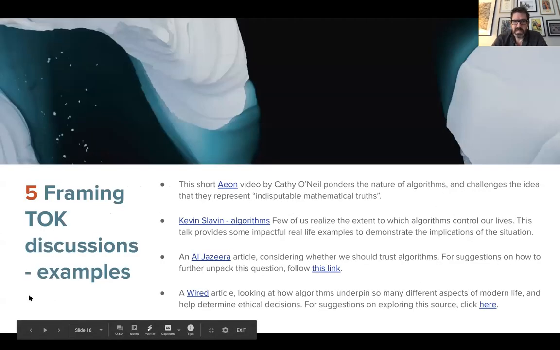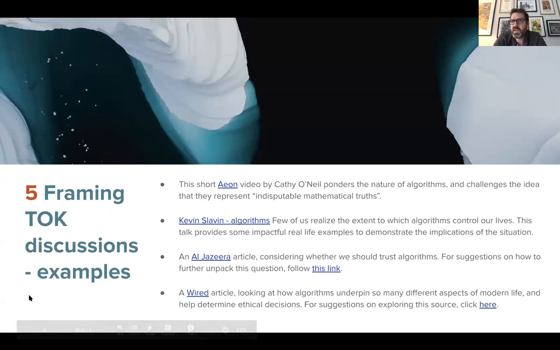So what does that mean? Let's try and put that into context. I think one of the most valuable and important aspects of mathematics that affect us, both in TOK and in society in general, are mathematical algorithms. And within mathematics, you might discuss, what are algorithms, how are algorithms produced, what is the thought process behind algorithms, etc. So you'll look at the nature of algorithms and the creation of algorithms.